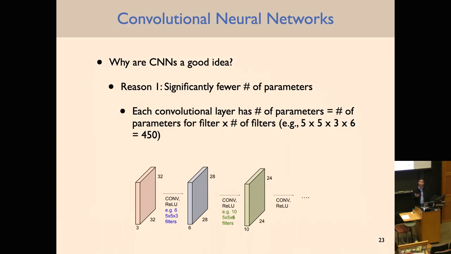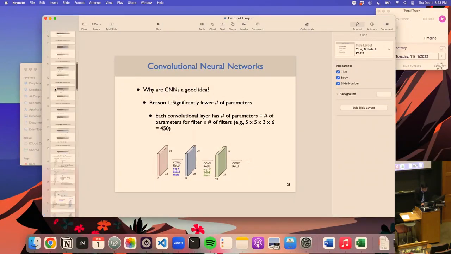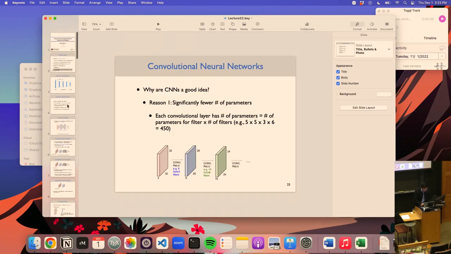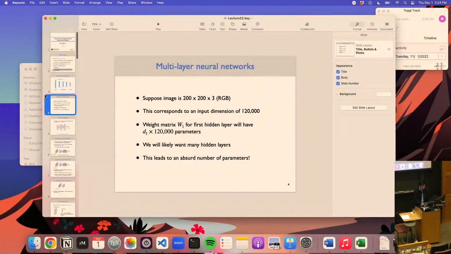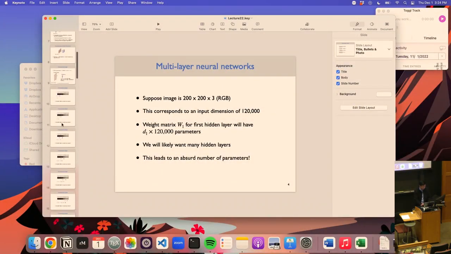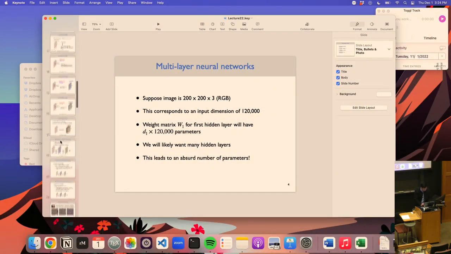That's only 450 parameters, as compared to, if we go back to the slide over here, fully connected layers, where we had 120,000 times D1 parameters. That's significantly more parameters than what we have with a convolutional network.